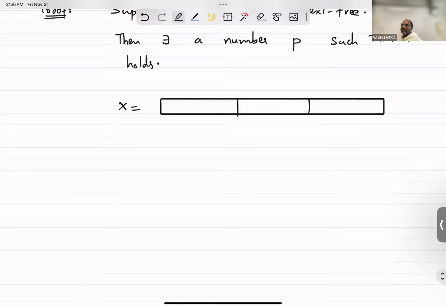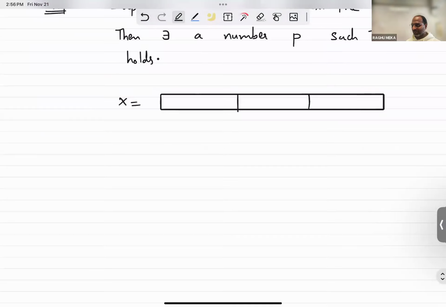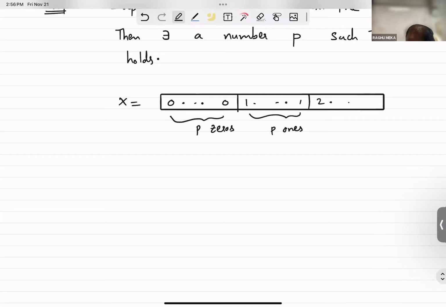Let's try the first thing that comes to mind. The whole length of the string must be at least p, so I'm just going to pick p zeros, p ones, p twos. So x is 0 to the p, 1 to the p, 2 to the p.